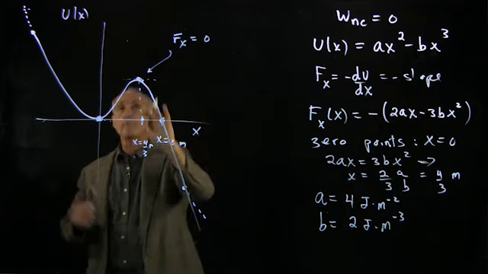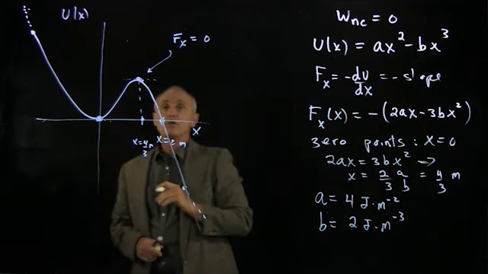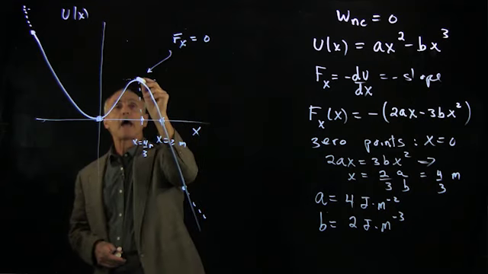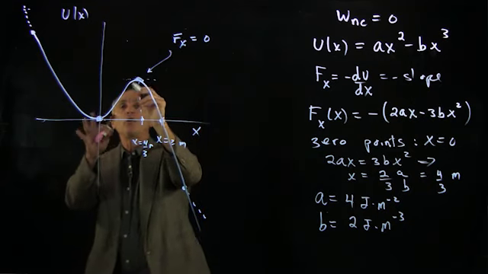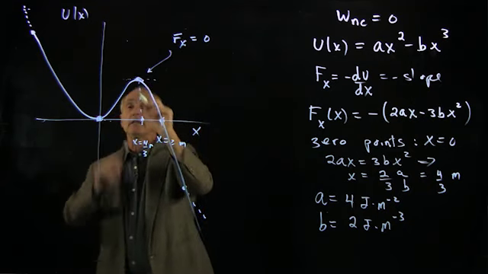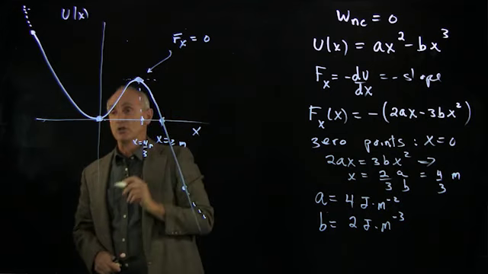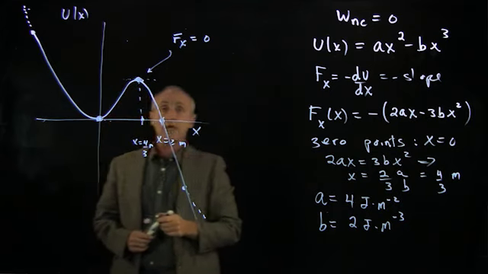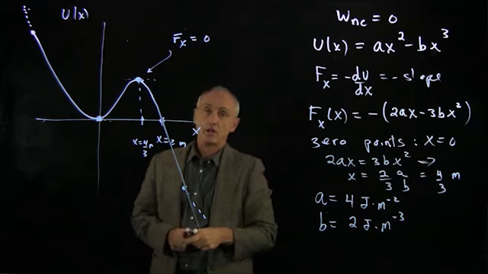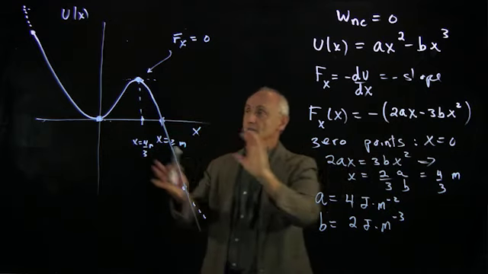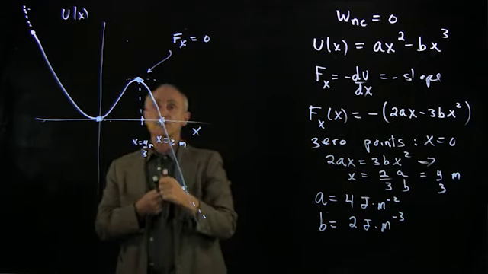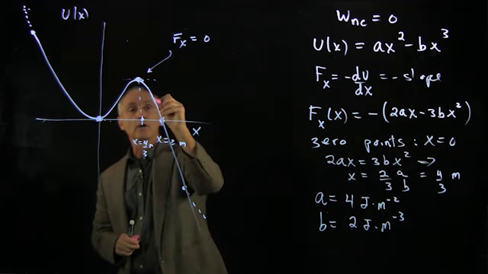Now, what is the property of this point? Suppose we ask ourselves, if the particle were displaced slightly from this position where the force is 0, which way would the force point? In order to answer a question like that, we can look at the slopes on either side of this zero.